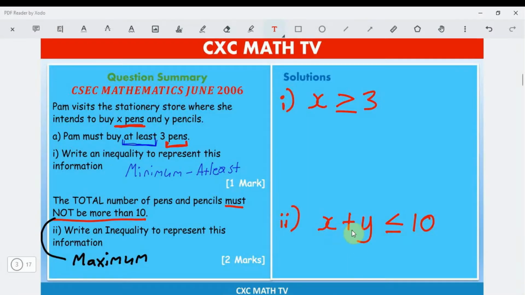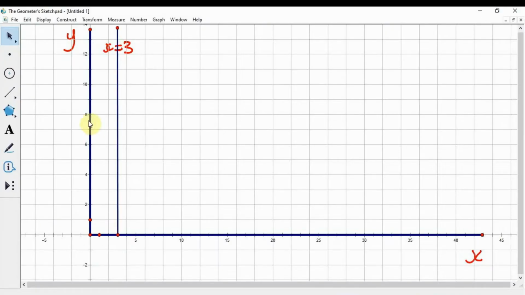Then we need x plus y less than or equal to 10. So all you're going to do is draw a line passing through 10 on the x and y axes. So this is the line. Let's label it. This is x plus y equals 10.